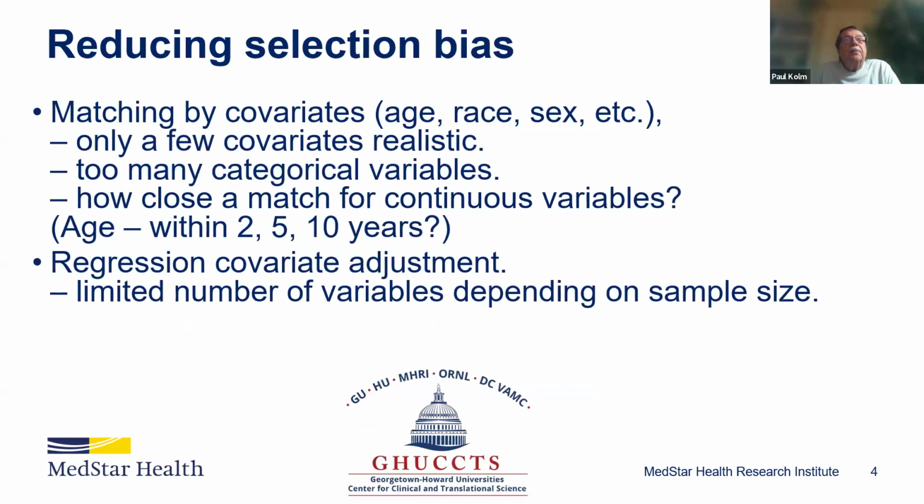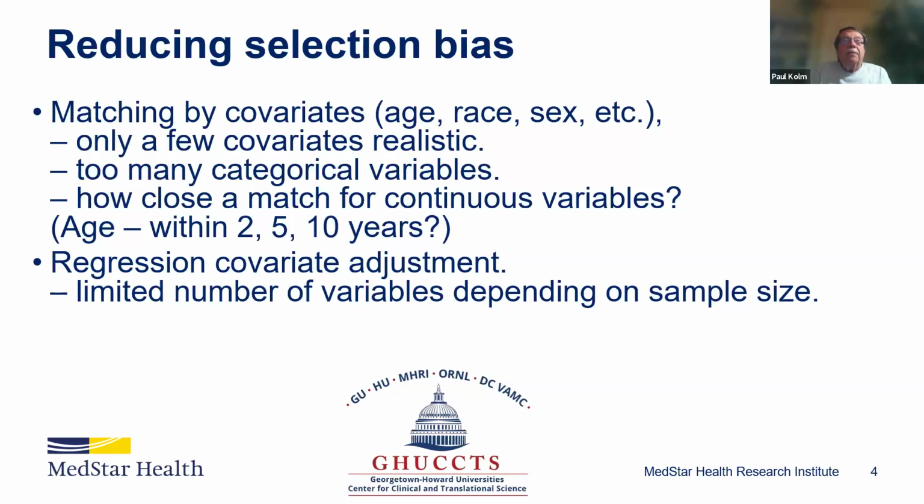So there are different ways of trying to reduce selection bias. One of them is that you can match by covariates, and primarily the ones that are used would be age, race, and sex. However, if you're going to do this, then only a few of these are really realistic, because if you try to match by age and race and sex, all three of them, then you're going to potentially have some rather small cells in your design.